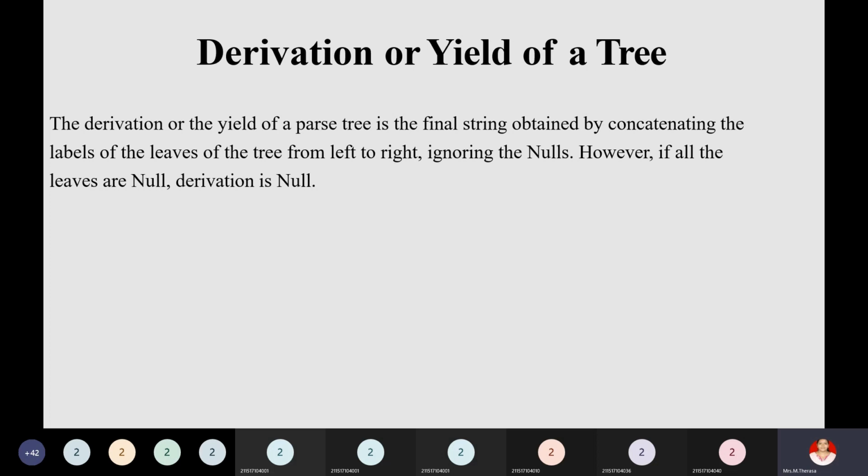The root always starts with the start symbol, and the tree has some leaves, which are terminal symbols. So to get the yield of that parse tree, you have to read the leaf nodes from left to right, ignoring the nulls. We need to ignore the nulls because null is an empty string. However, if all the leaves are null, the derivation is called null.